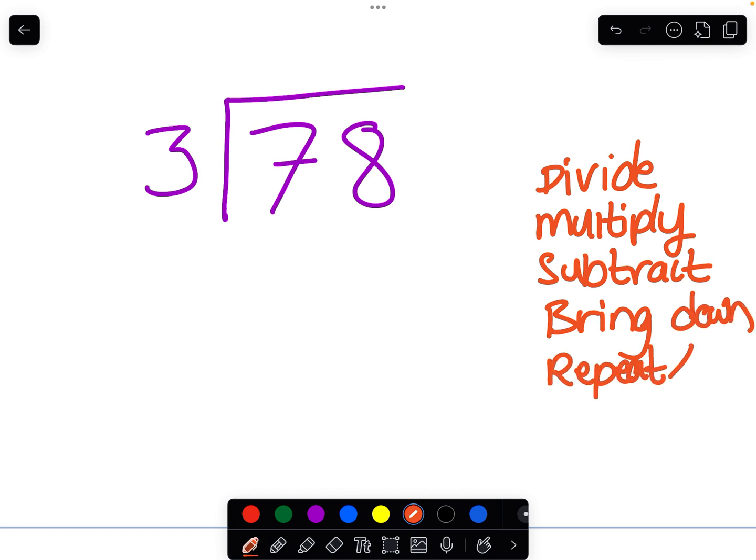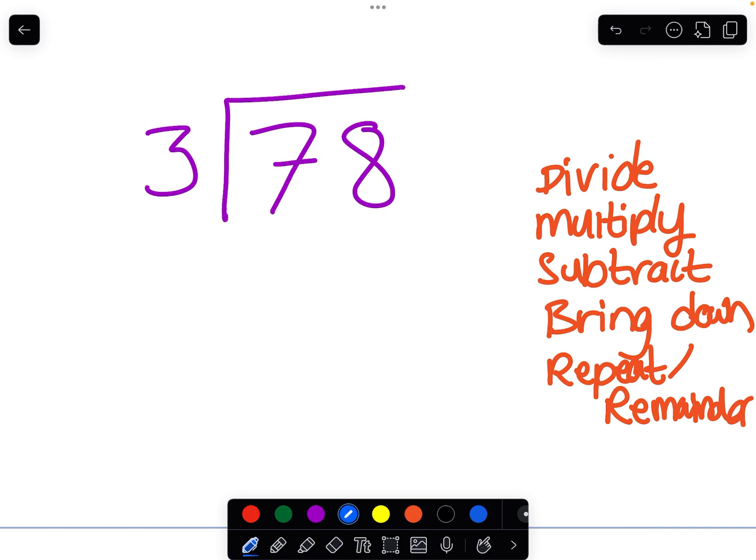And the kids in my math groups, we do a little rhyme to remember this. It goes like this. Divide, multiply, subtract, bring down, repeat, or remainder till the quotient is found. So that's one way that we remember it. So whatever works, right, guys?